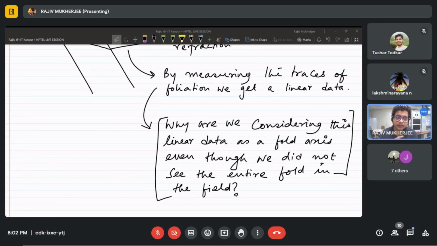Now, the presence of mica schist tells us that the host rock must have undergone a condition of elevated pressure and temperature. That means the rock unit became soft. And whenever we apply tectonic forces to a soft rock or a soft material, it has to buckle, right?